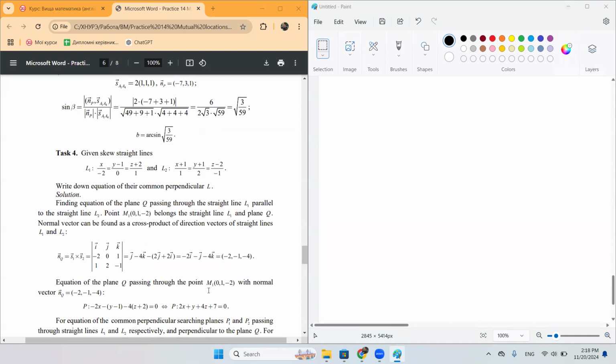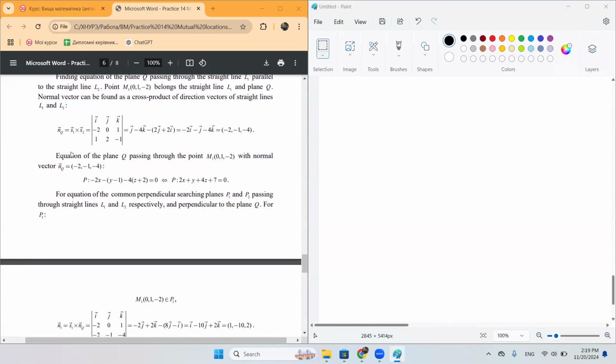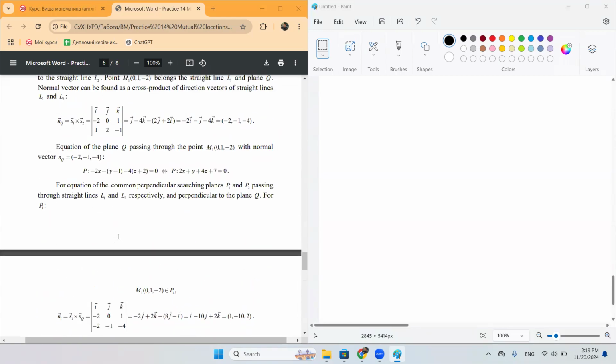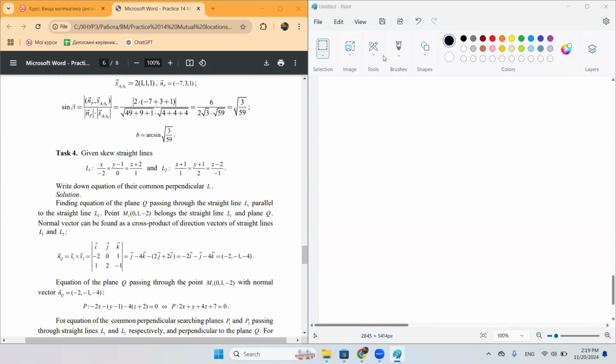Well, we won't spend a lot of time calculating everything, so better we'll spend some time understanding how to solve it, basically.